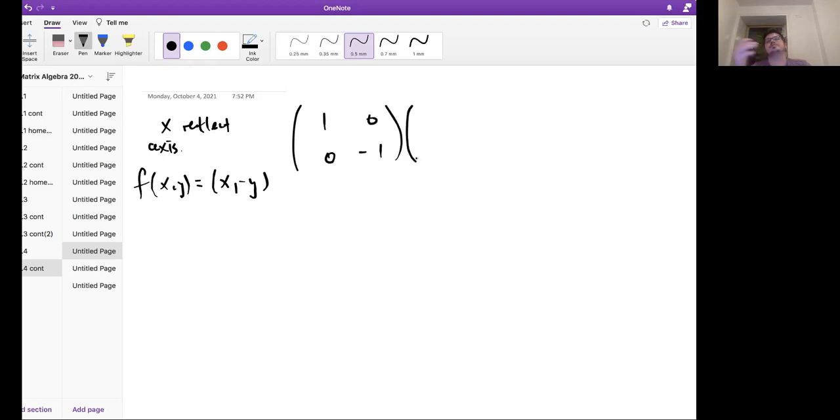If you reflect over the x-axis, how do you get back to where you started? It doesn't even have to be x-axis reflect, it's any reflection. Yeah, you reflect again.